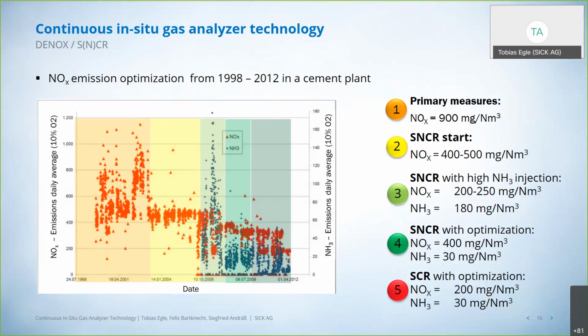In a second step, because they were interested in the potential of the SNCR, they overdosed NH3 or ammonia into their SNCR plant to achieve 200 milligrams. But what you see on point 3 here is the other side of this activity: they got a slip of 180 milligrams ammonia for that.